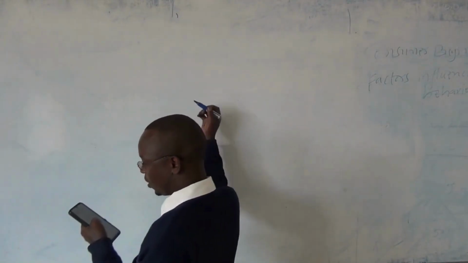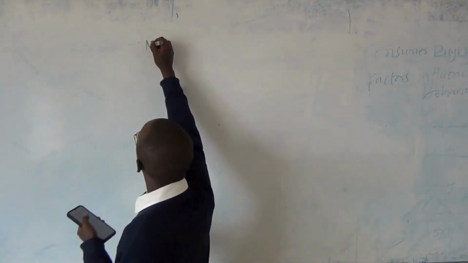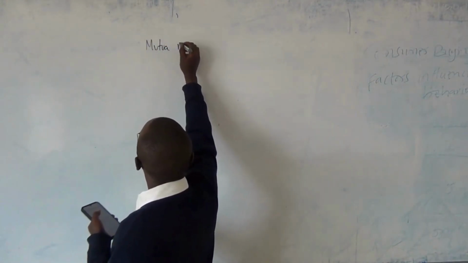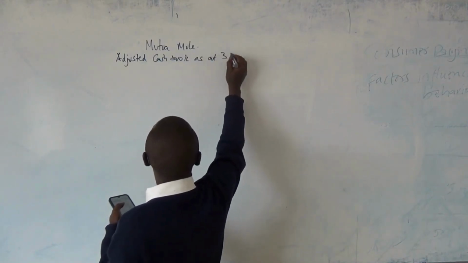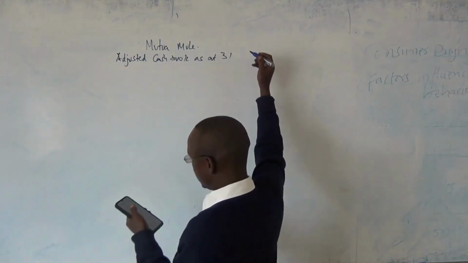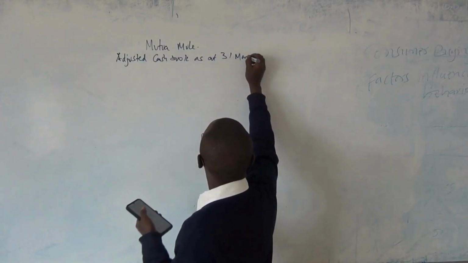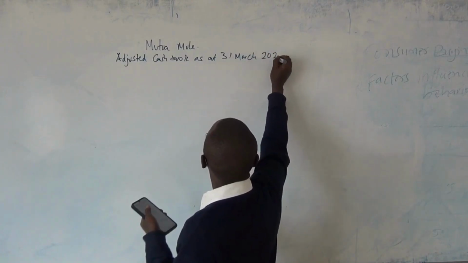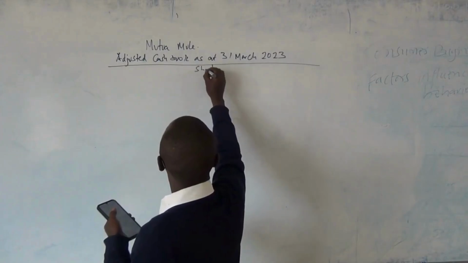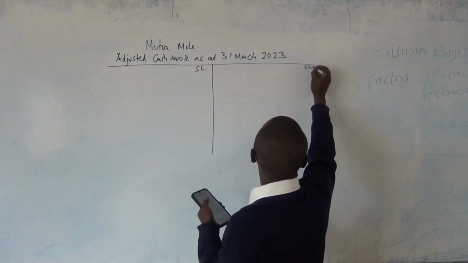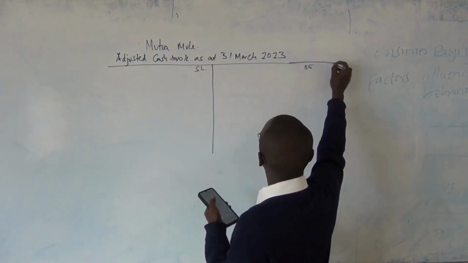The name of the trader, this is a sole trader, Mutua Mule, as at 31st March 2023. Now, the column for the amount here and the column for the amount here.